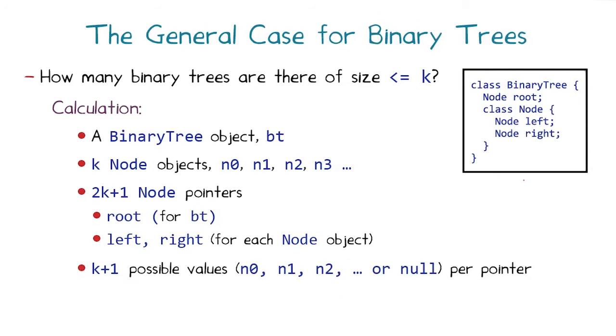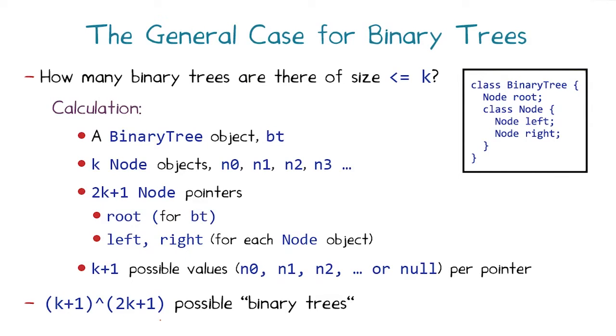Also allowing a null pointer value, we have k plus 1 possible values for each node pointer, that is, each of the k node objects or null. Thus, we have (k+1) to the power 2k+1 possible binary trees.